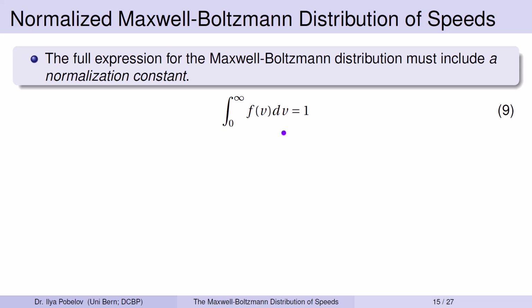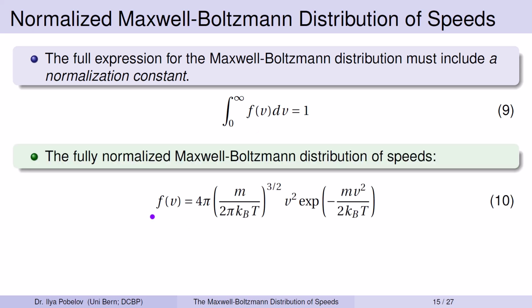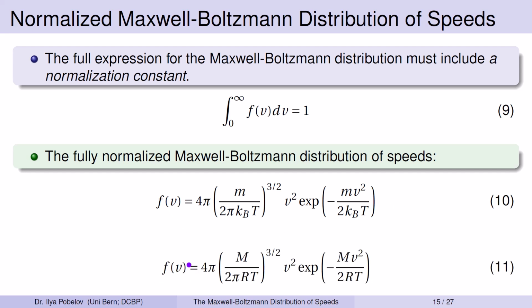Without going into detail, after performing this normalization, we obtain the fully normalized Maxwell-Boltzmann distribution of speeds, which is shown here. This distribution can also be expressed using the universal gas constant and the molar mass of the gas.